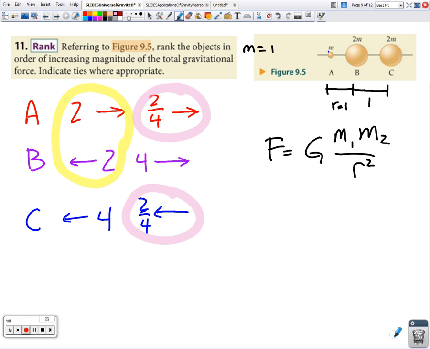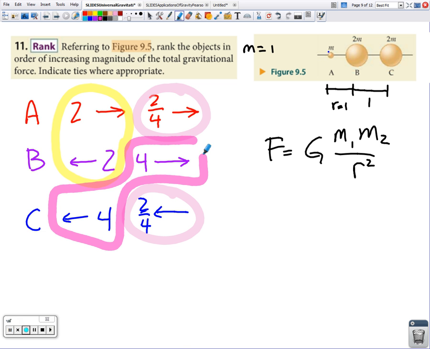B and C, right? The mass of each one is 2. So 2 times 2 on the top. But the distance between them is only 1, right? So 4. Action-reaction pairs, right? So now, if we add them up, the total force that A feels is 2.5 to the right. The total force that B feels, 2 to the right.